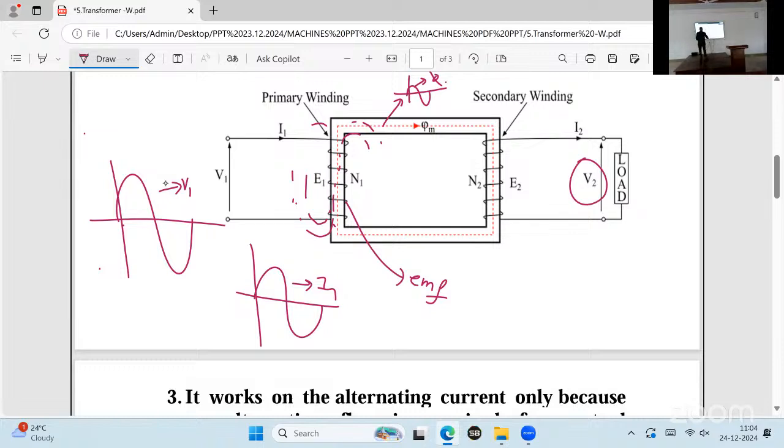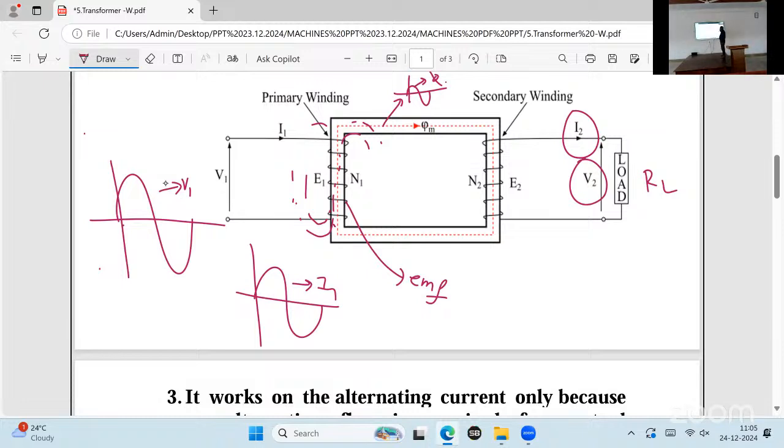In this copper, what do we have? Electrons, but they are not moving. To move the electrons, what should we have? E2. Once you get E2, the electrons will run. That is called I2. Now the load: the computer has the load RL.